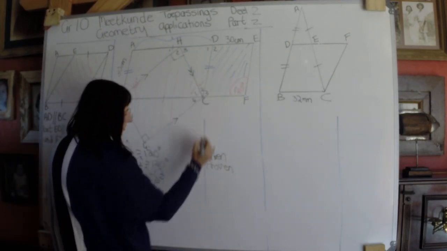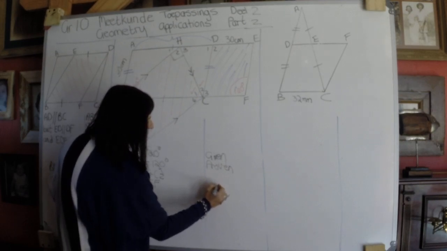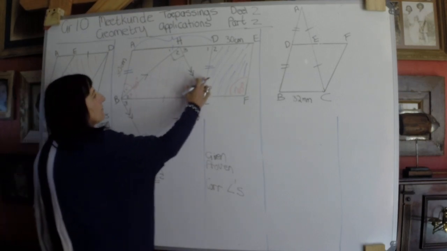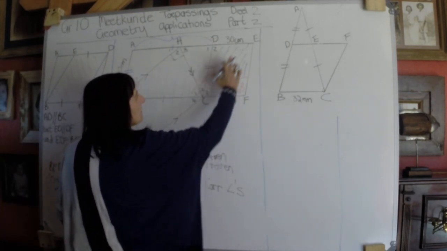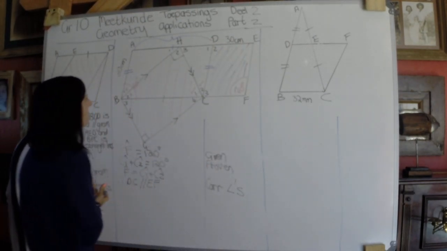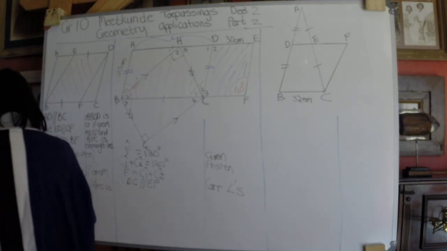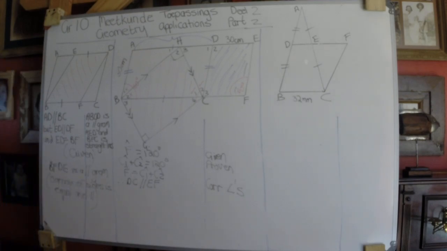Because I've got corresponding angles. If I've got corresponding angles, it makes that parallel lines. Parallel to each other, not equal to each other.